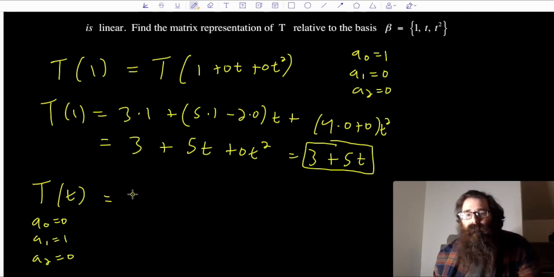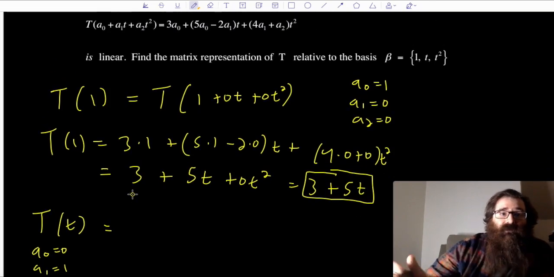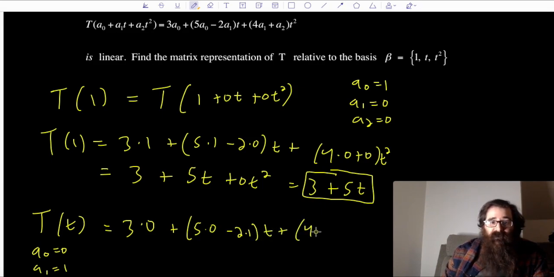So let's see, how is this going to look? Well, okay, so I'm going to get 3 times a sub 0, so that's 3 times 0, plus 5 times 0 minus 2 times 1 times t, plus 4 times 1 plus 0 times t squared.